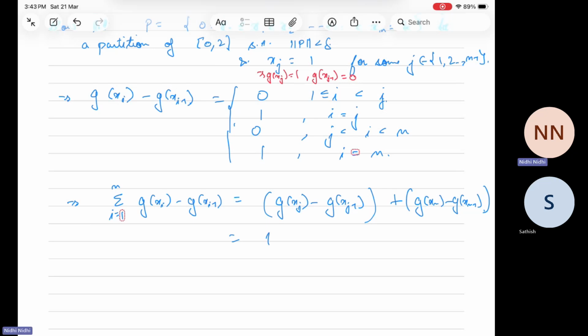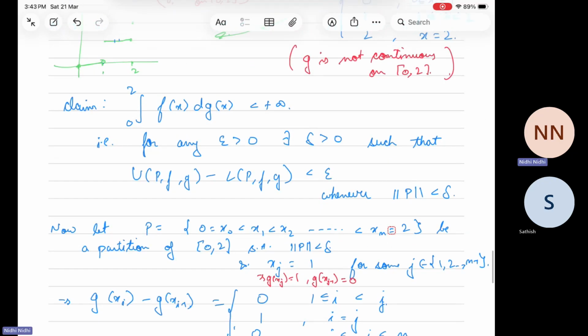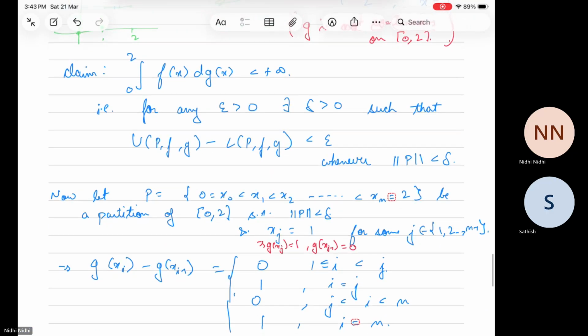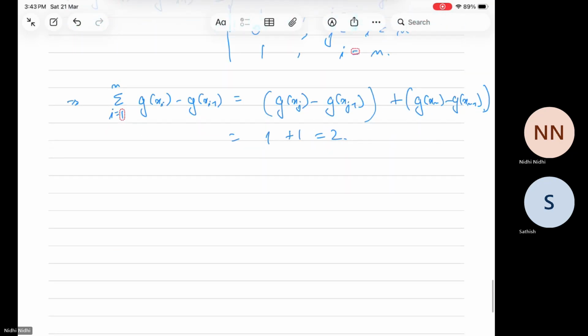And g(xn) will be 2 and g(xn minus 1) will be 1, so the difference will again be 1. So this is equal to 2. Now that means our U(P, f, g) minus L(P, f, g), let me mark this as 1.